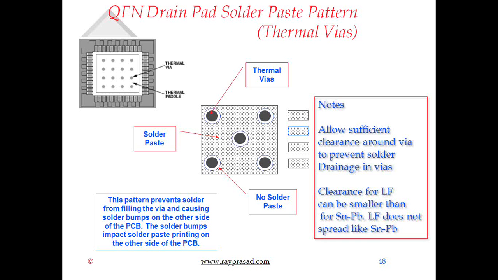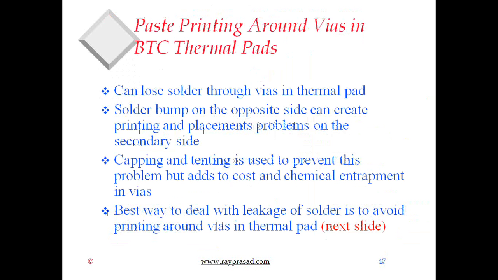All right. I'm going to go back to 47 just to emphasize those points, that you can lose the solder through those vias. And the other thing is that when the solder paste does go through that via, it can create a bump on the other side, and that will cause some printing and placement problems on the secondary side when you do that side.